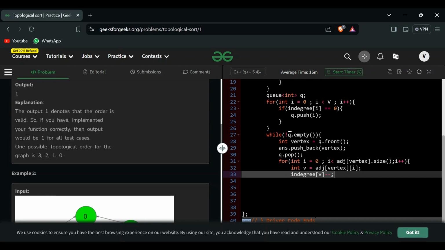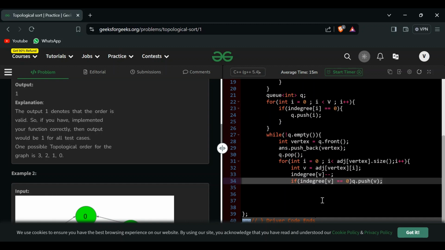As I have shown you, if we remove 3, then 0's dependency will be reduced by 1. So its in degree will be reduced from 3 to 2. Then you check whether any other vertex's in degree has become 0.